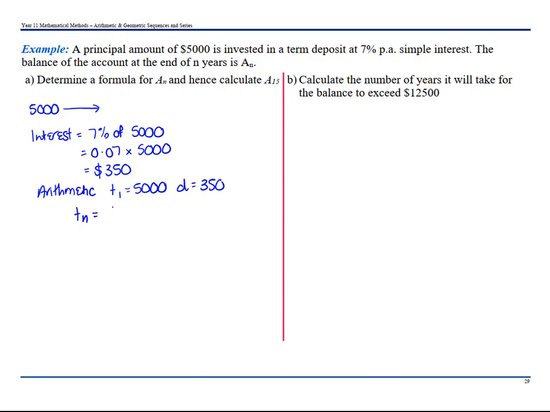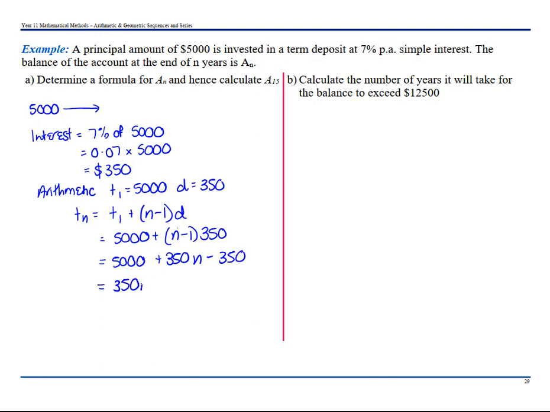So Tn equals T1 plus n minus 1 d. So that's going to be 5,000 plus n minus 1 times 350, which is 5,000 plus 350n minus 350, which is 350n plus 4650.